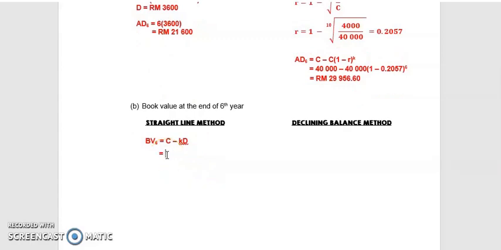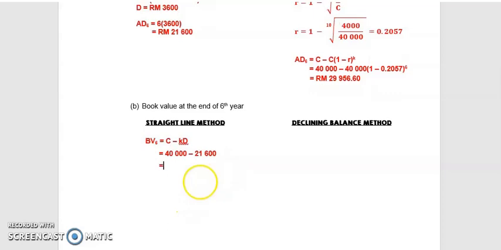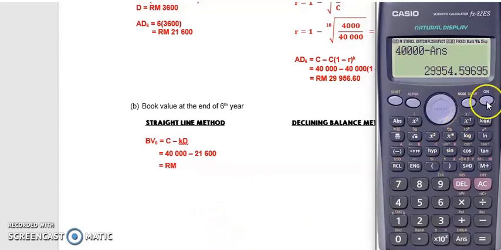We already calculated the accumulated depreciation for year 6 in question A, so you just replace the value. Cost 40,000 minus 21,600 equals RM 18,400.